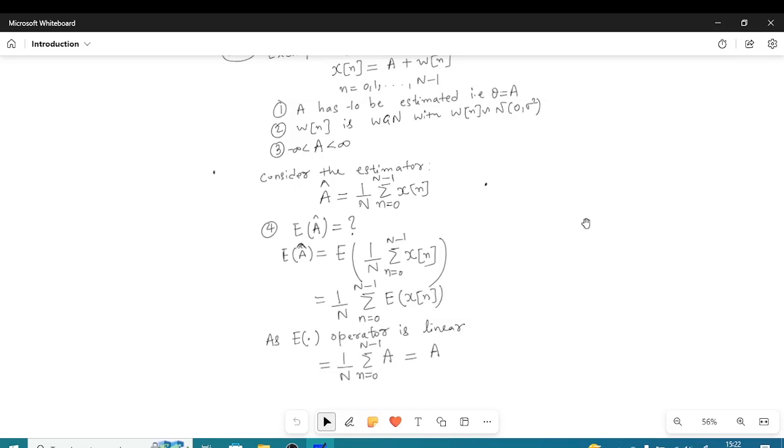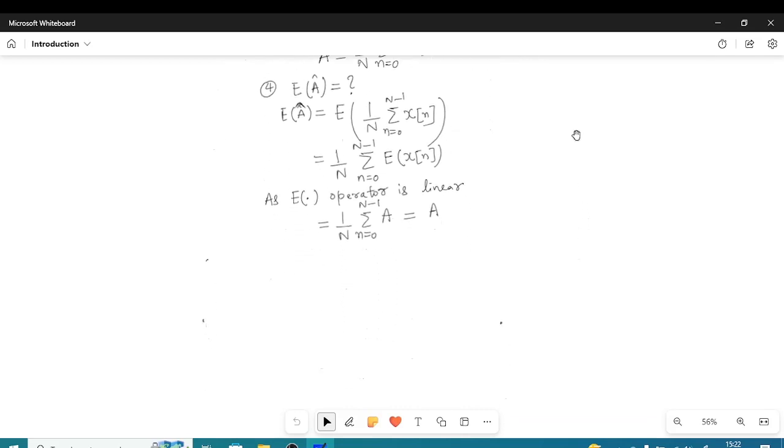So what does that mean? The average value of A hat equals A. That means this estimator A hat is an unbiased estimator.